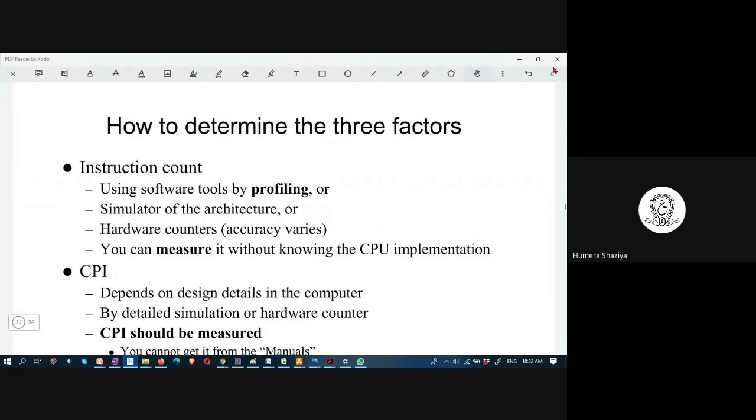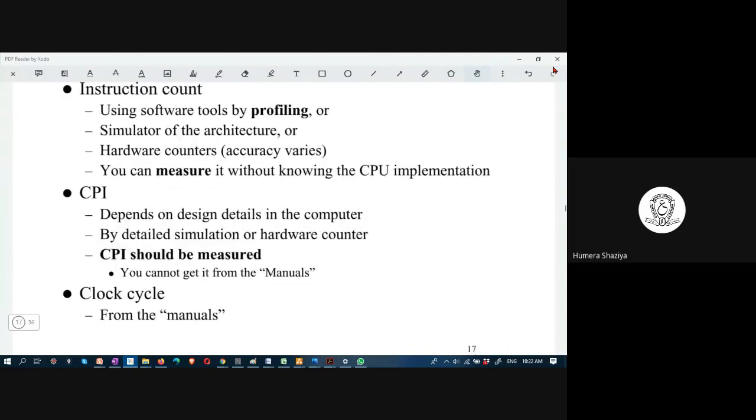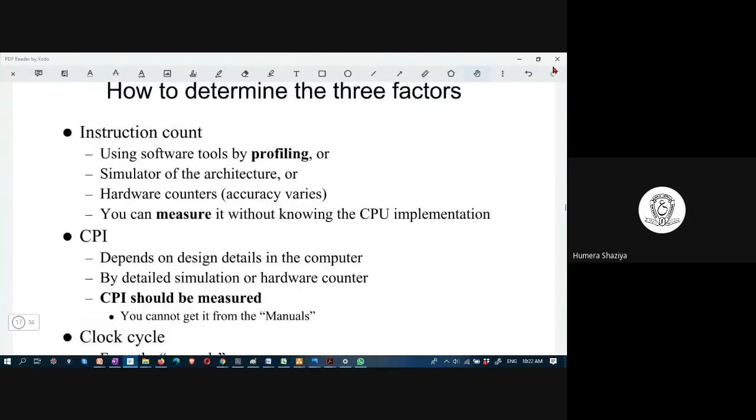How can the factors be determined? What are the factors? Factors like instruction count, cycles per instruction, clock cycles. How will you know which processor has how many cycles per instruction, and what is its clock cycle?